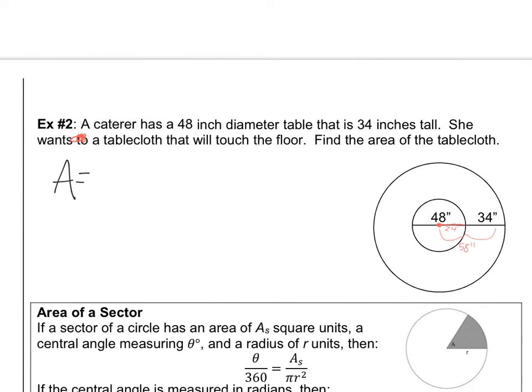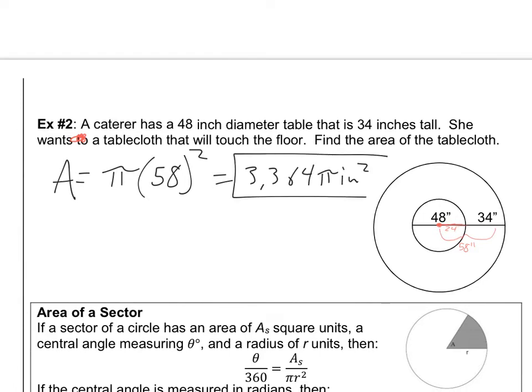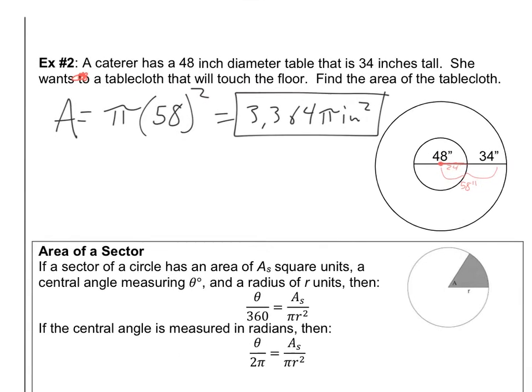The area of the tablecloth has to equal pi times the radius squared. Now we know the radius of the tablecloth is 58, so 58 squared. 58 squared is 3,364 pi inches squared. So there we go, and we're done.